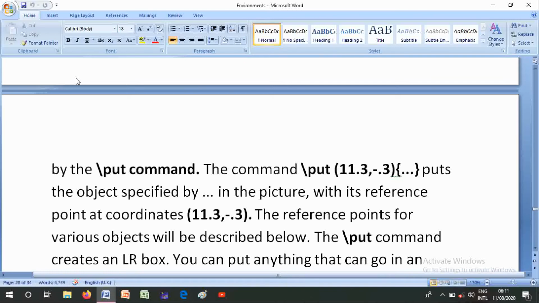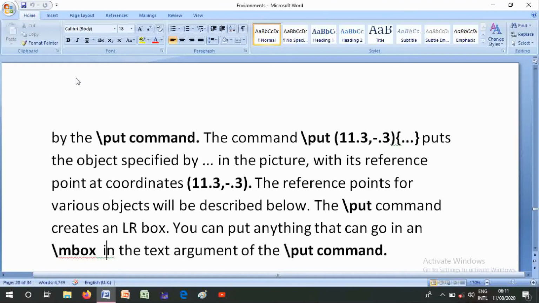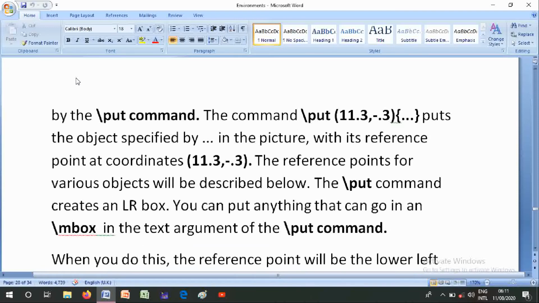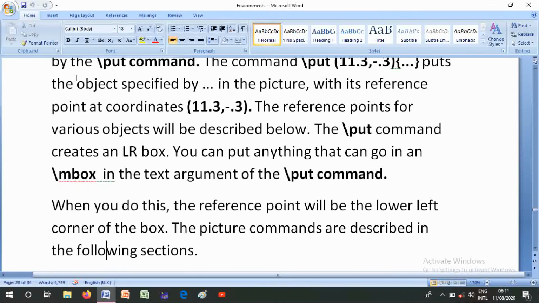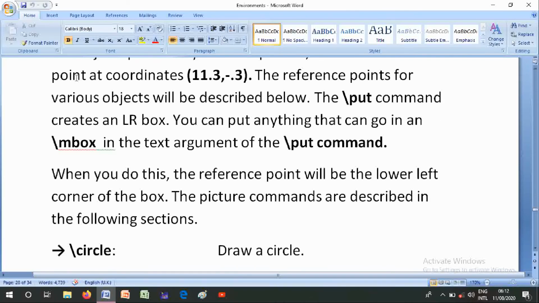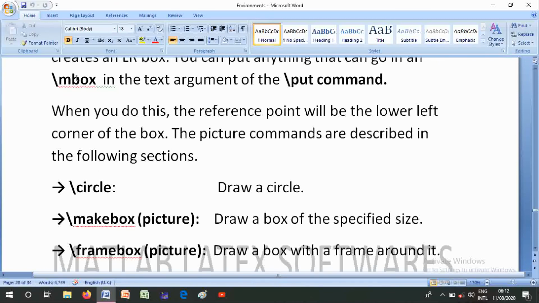The reference points for the various objects will be described below. The \put command creates an LR box. You can put anything that can go in an \mbox in the text argument of the \put command. When you do this, the reference point will be the lower left corner of the box. The picture commands are described in the following sections.